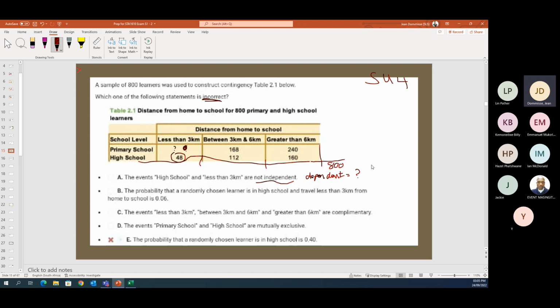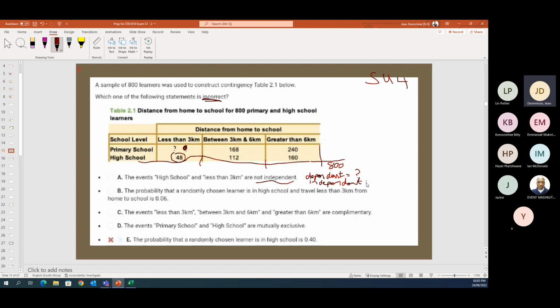Can you guys remember what that is? Okay, let's check when something is independent.